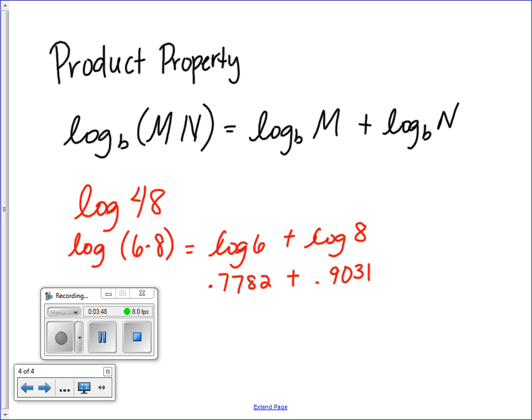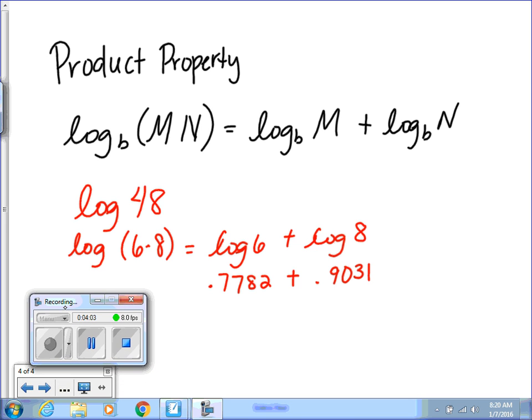Pretty awesome, right? I can find out what they are without actually having them. Now, you have the wonderful gift of a fantastic calculator, so you may not need these. But for those who don't, that's what we use it for. So that's the product property. Product property uses addition.